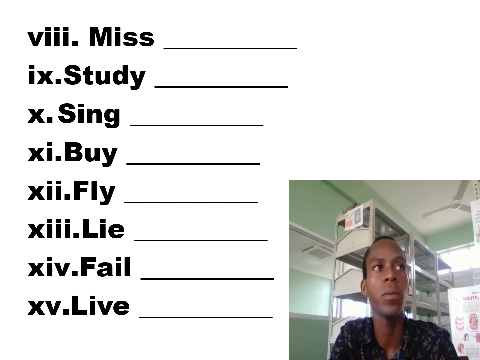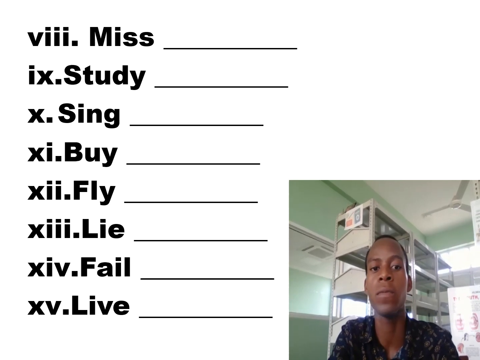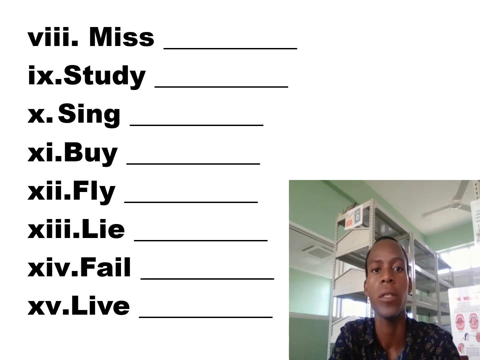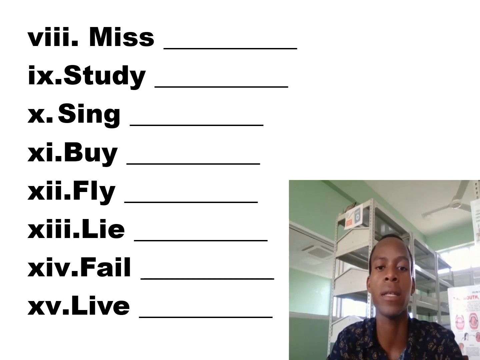Can you try to write the present participle of these verbs and check according to the principles we have studied? If you have any challenge with these verbs, you can leave a comment down there so that we can find a way, or I can do something to help you.